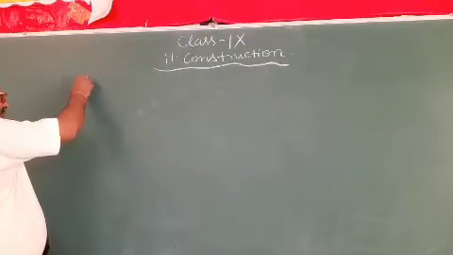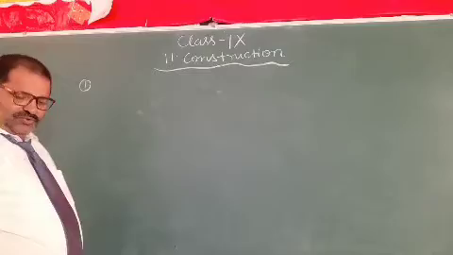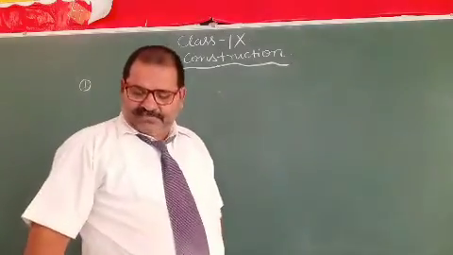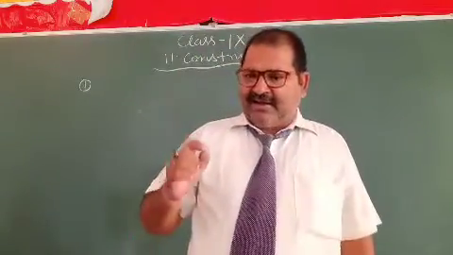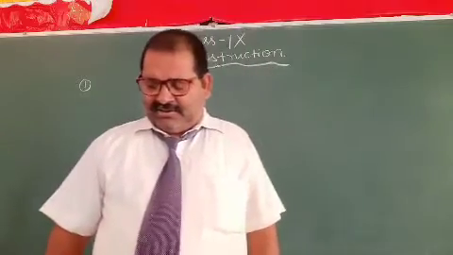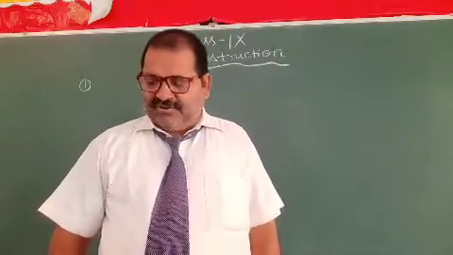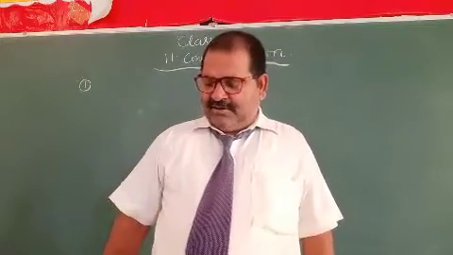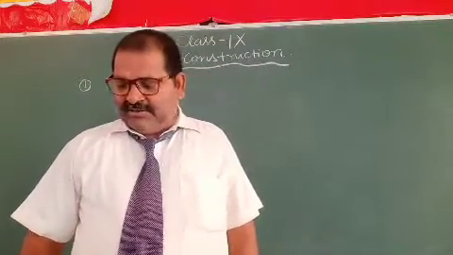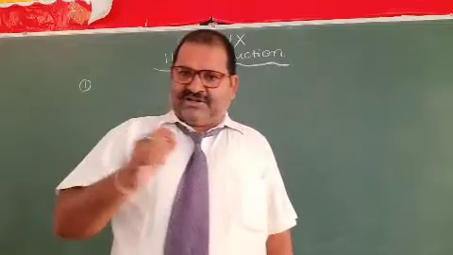Question number 1. To construct an angle of 90 degree at the initial point of a given ray and justify the construction.